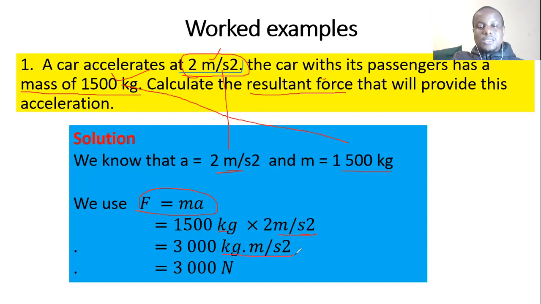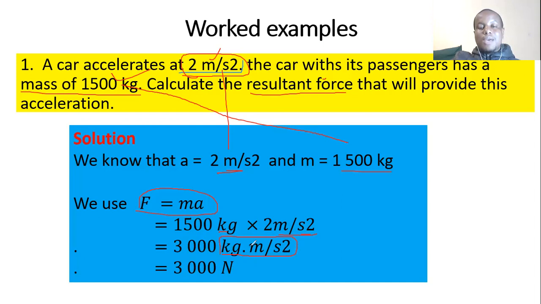This is a combination of different units. We are multiplying kgs and meters per second squared. So this one can be simplified by writing it as newtons. Now you can deduce from this unit that newton is a derived unit.